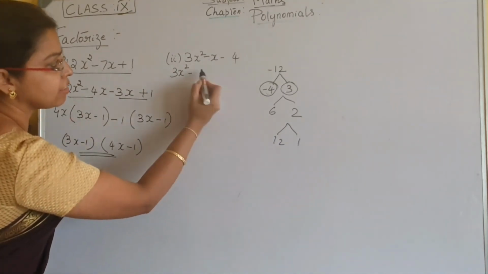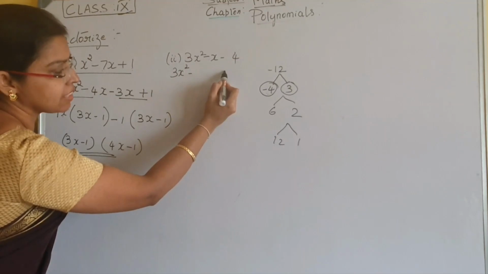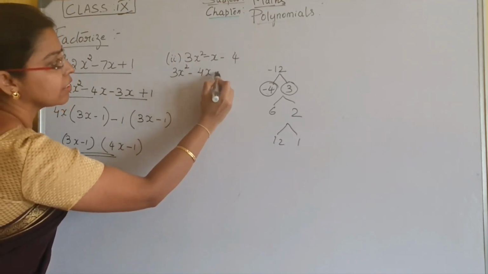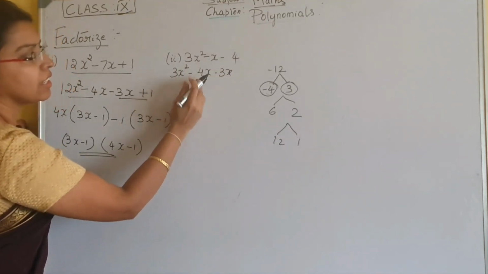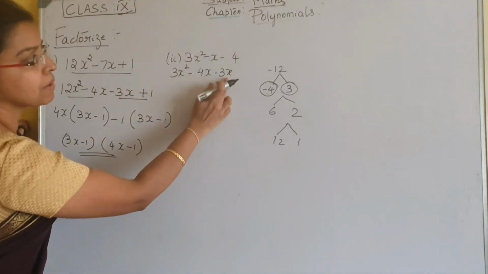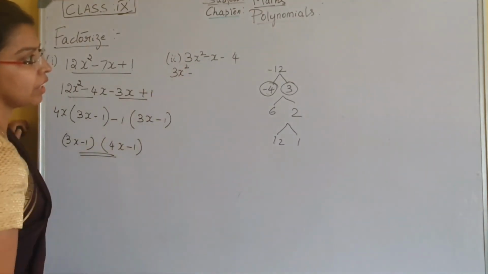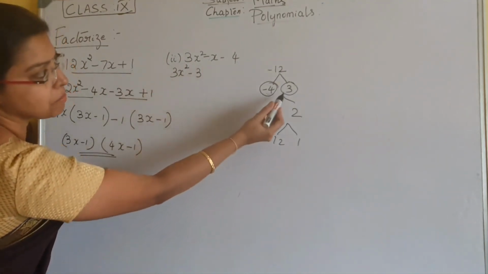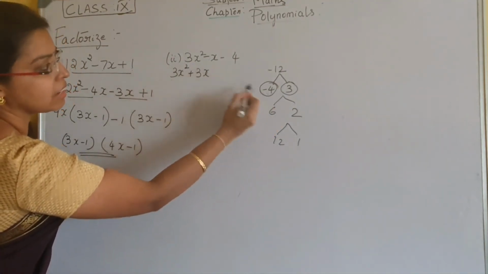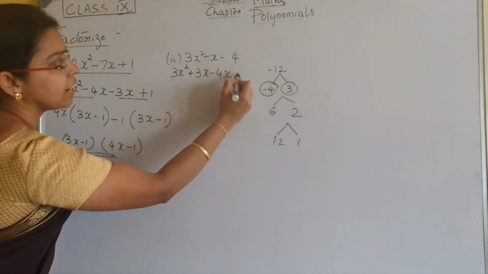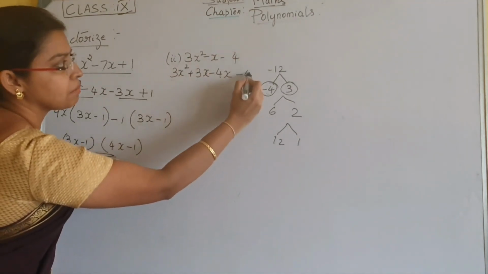Here when we take minus 4x first and then plus 3x, what happens? We cannot take any common factor. So I'll place this plus 3x this side and minus 4x on the other side, and retain this minus 4 constant part here.